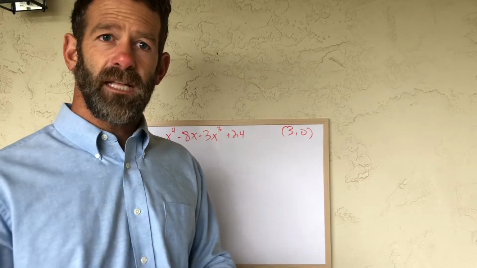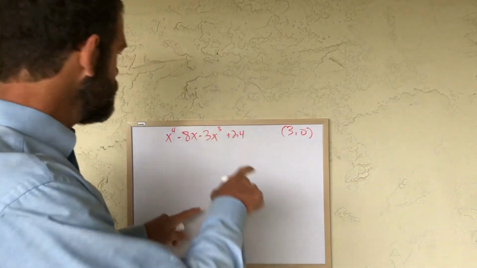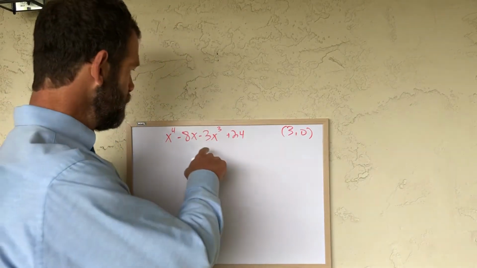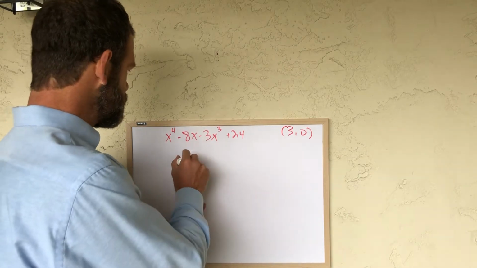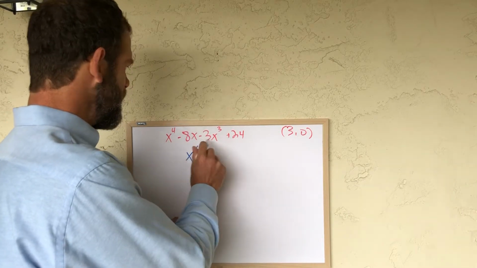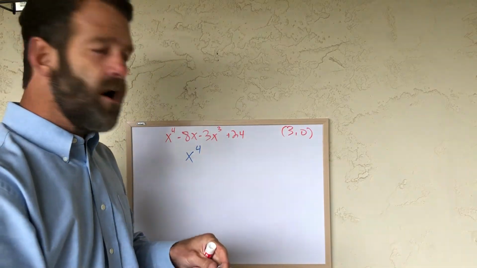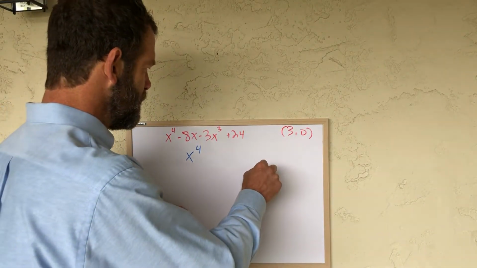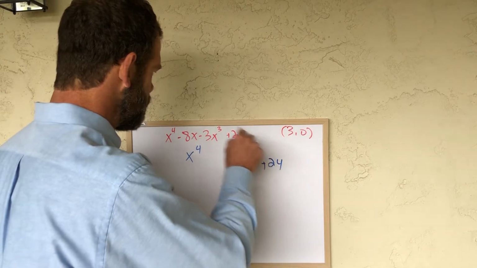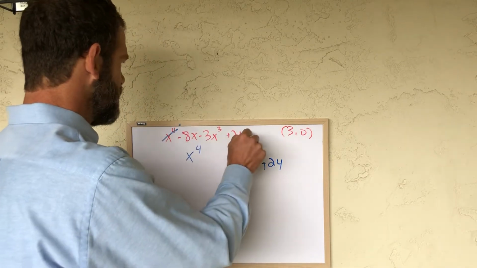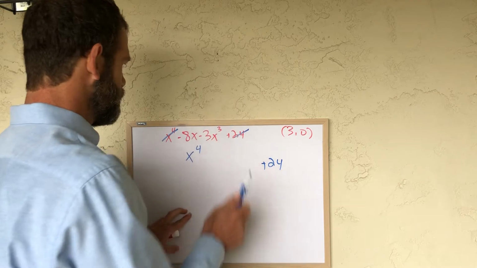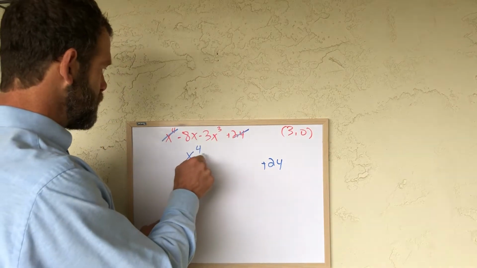To do synthetic division, the very first thing you have to do is line up the polynomial with the highest degree first and decrease it by 1 every single time, all the way until you get to positive 24. Now I'm going to cross this off as I do it. So I have x to the fourth.